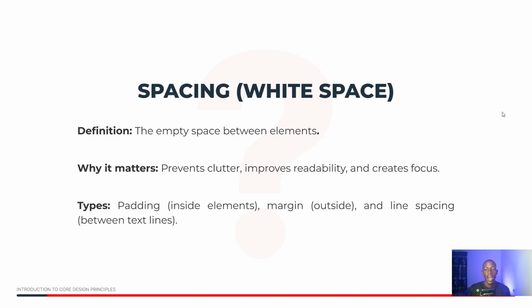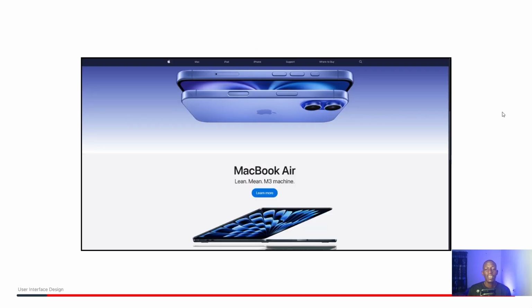And then we have line spacing, that is the space between text. Now this image gives us a clear illustration of this white space.